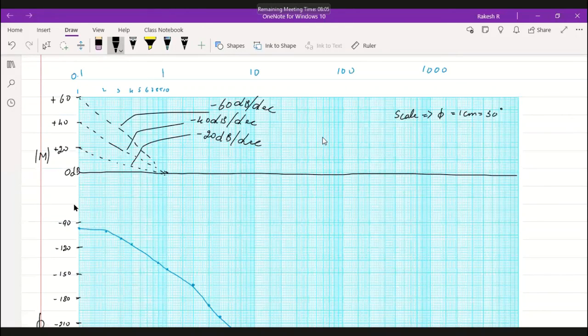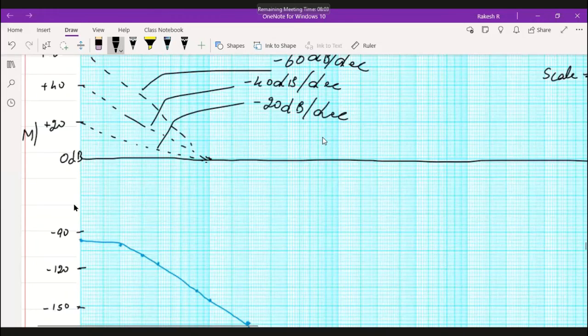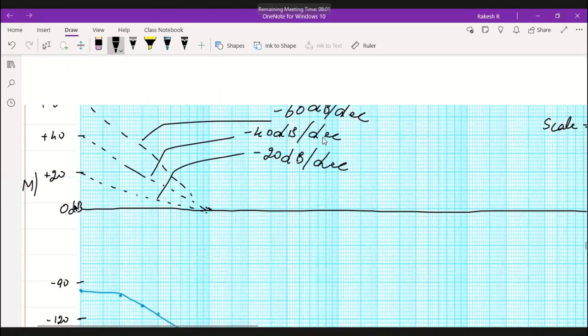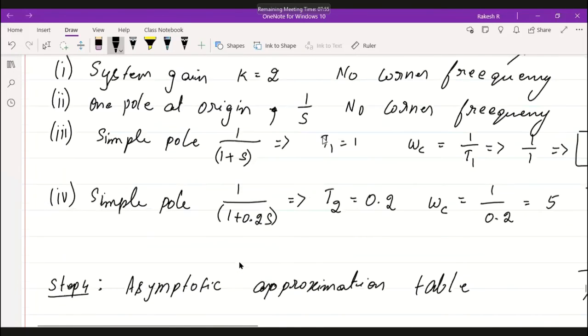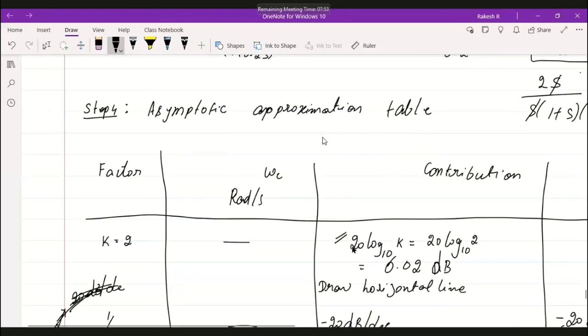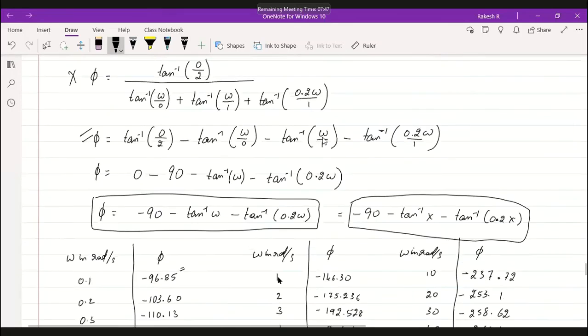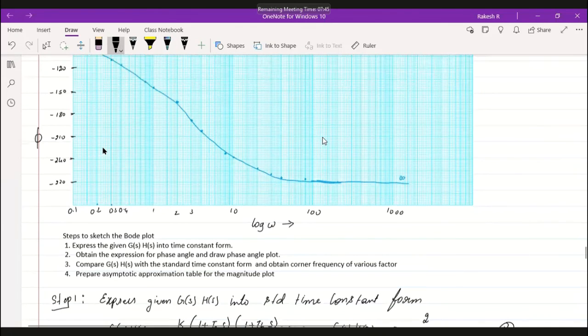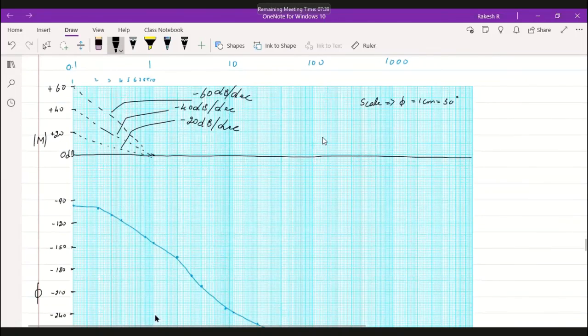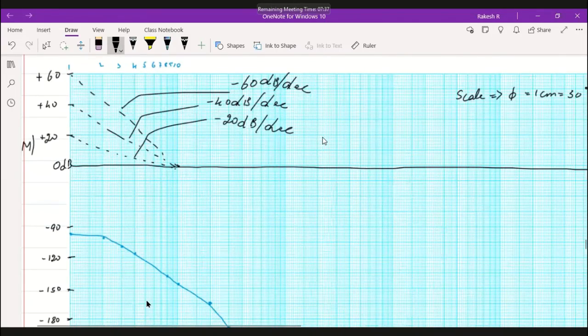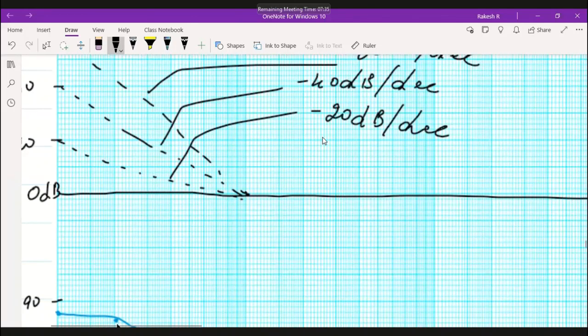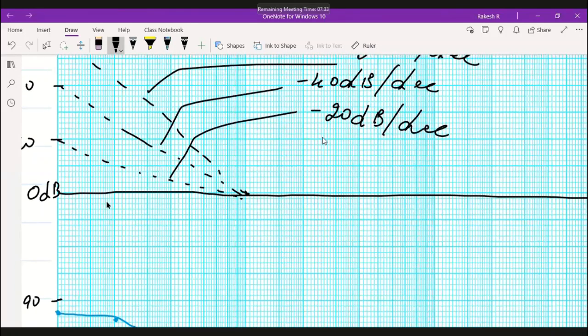Now, first one is what? First one is 6 dB per decade, no, 6.02. See here, first contribution is this one, that is k equals 2. For this, what we have is 6.02 dB here. That is the horizontal line you need to draw. From here to here is 20 dB, right?